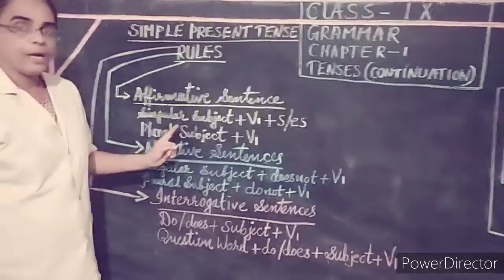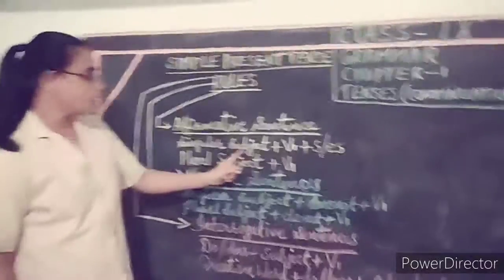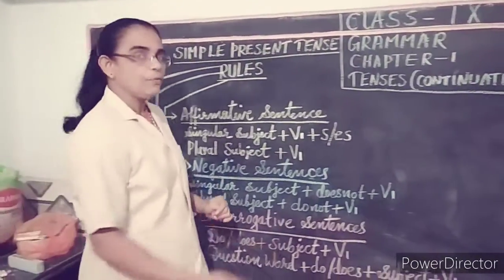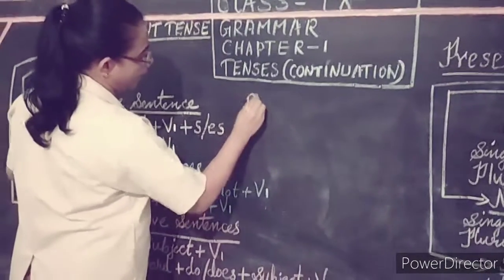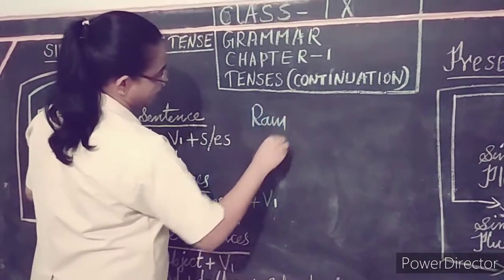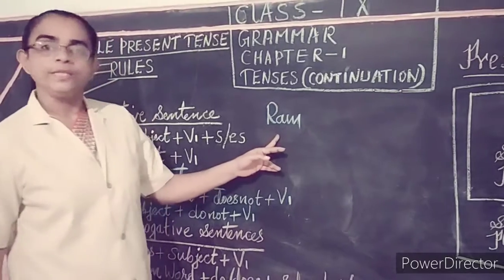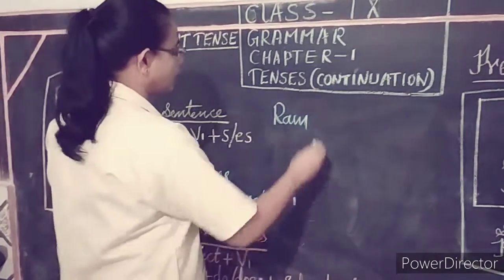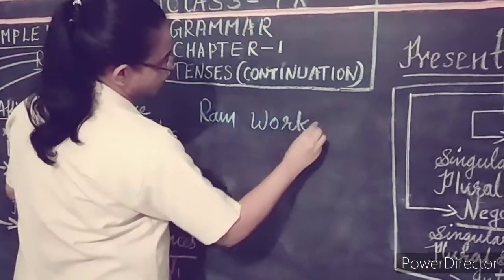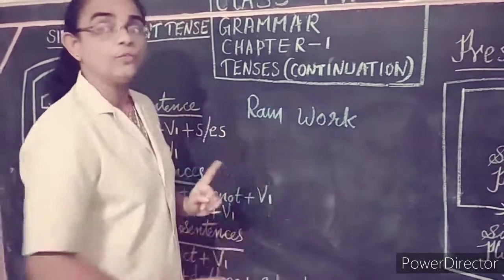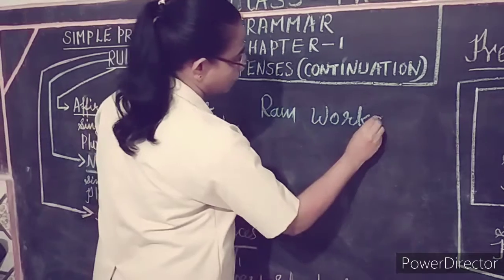I already made you understand about the singular subject. Let's find a word which means singular. Let me take the word Ram. Ram is a singular subject. So which verb? Ram work. We cannot say Ram work. It is Ram works.